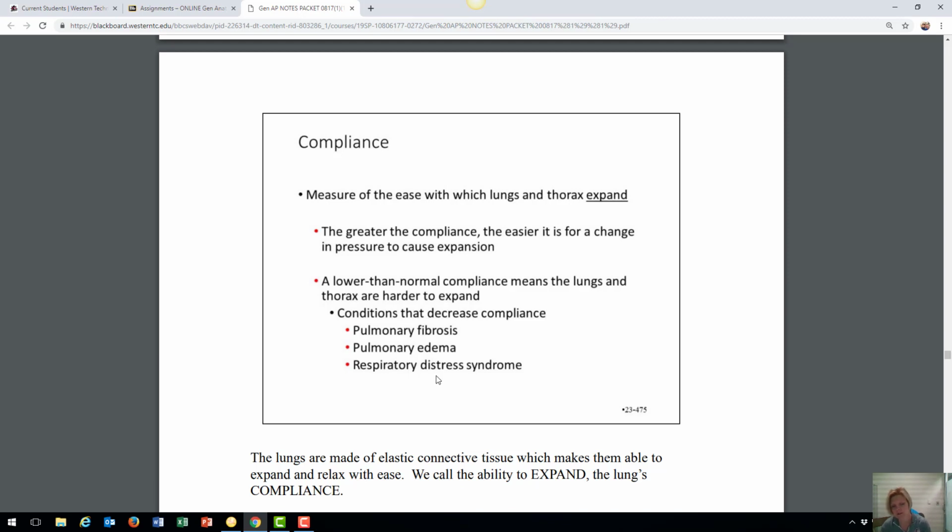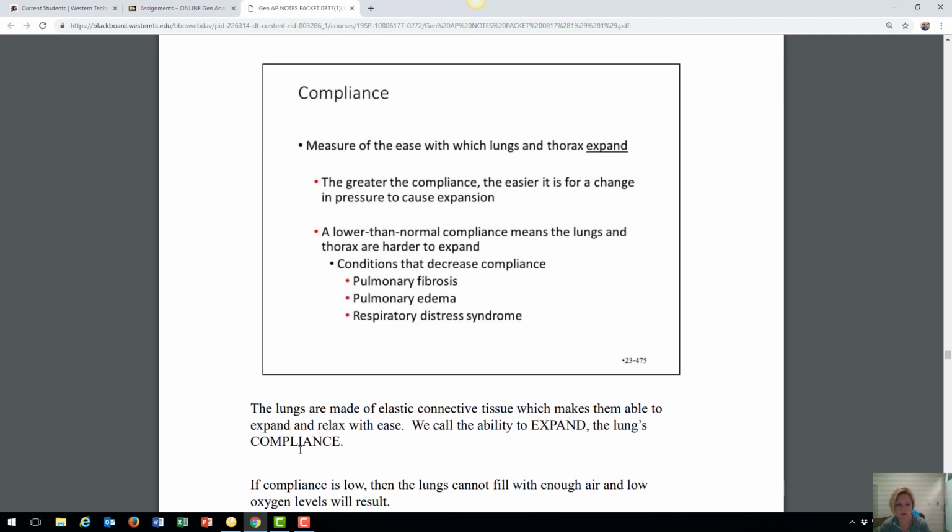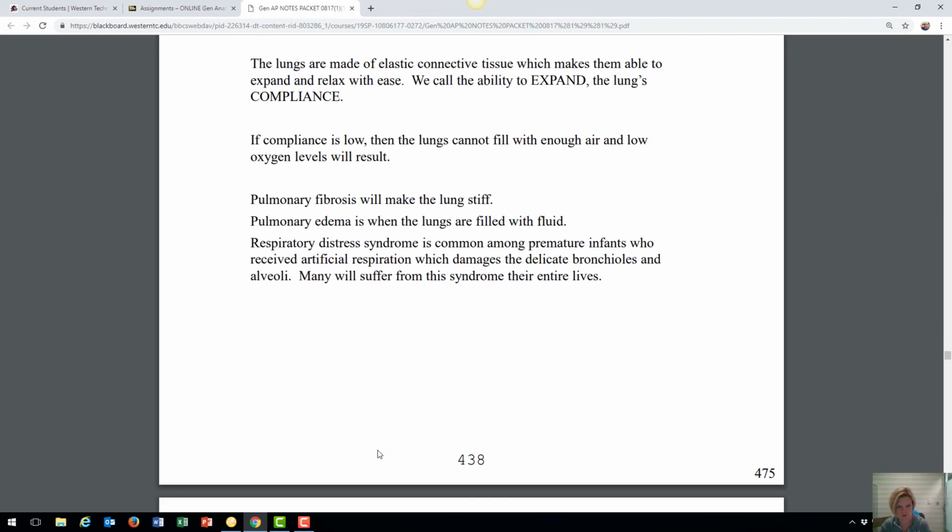And then respiratory distress syndrome, that's when babies or people that were born premature have damaged lungs that are not very pliable, and as a result they don't move with the chest wall. So again, when we talk about compliance, it's the ability of the lungs to expand and move with the chest wall.